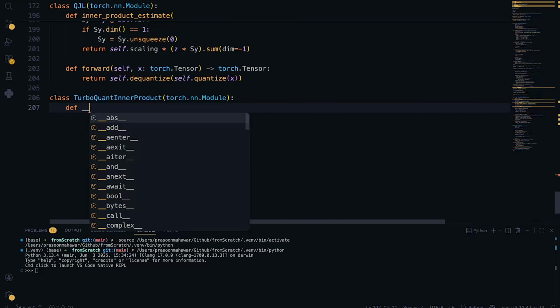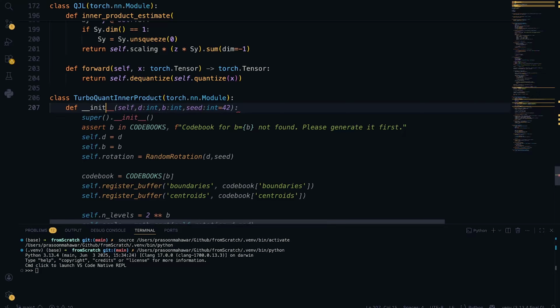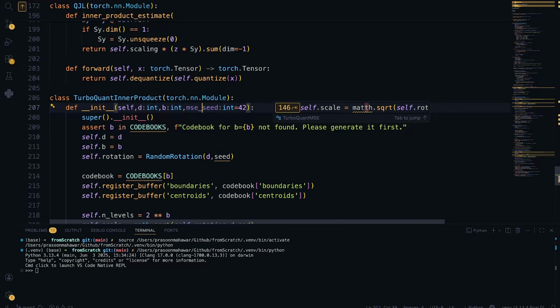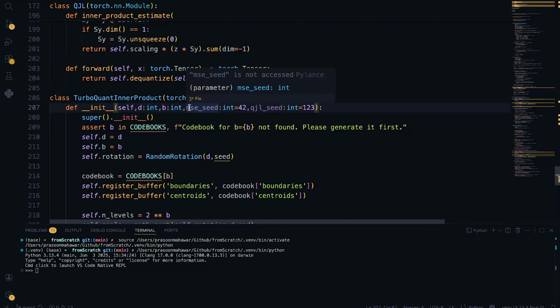Define again the init method first. This will have self, d, b and seed. Instead of the seed, let's call it MSE seed, an int with value 42, and we have another QJL seed, an int with value 123.